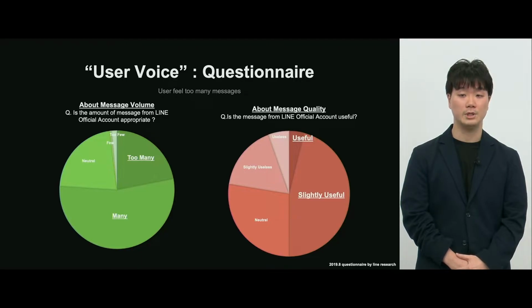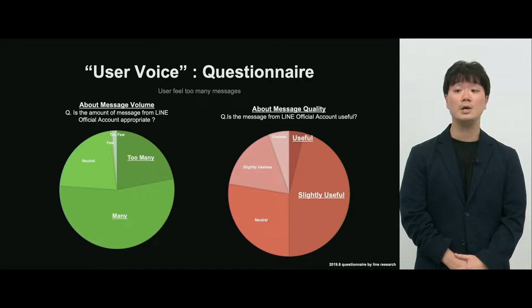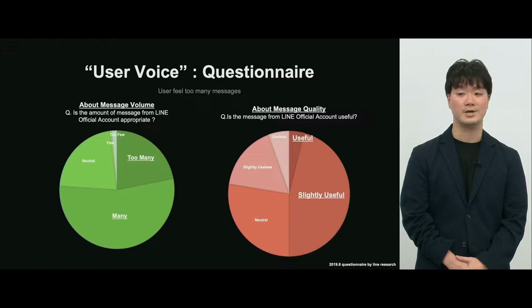This is not only about the feeling of Line public account related people, but it's actually proved qualitatively and quantitatively. So please look at the pie charts. This is a part of the survey that we ran in the past. In this survey, we investigated the quality and quantity of the messages from the Line public account.